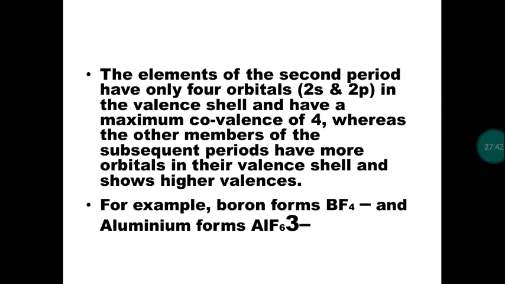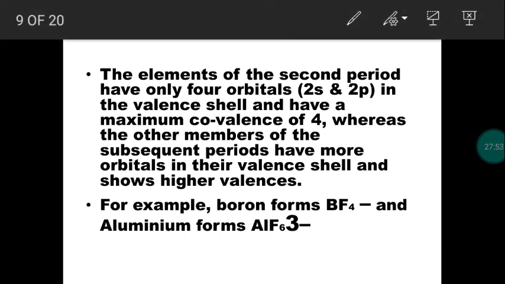We may observe 2 compounds, boron tetrafluoride ion as well as aluminum hexafluoride ion. So 2 ions can be considered here. Boron tetrafluoride ion as well as aluminum hexafluoride ion, right? Okay.